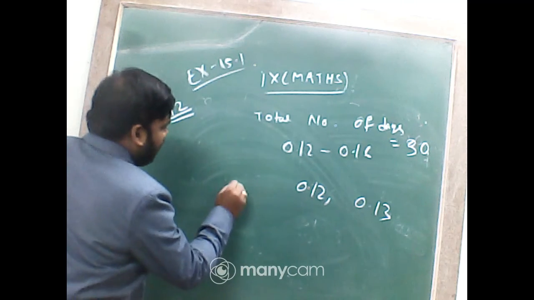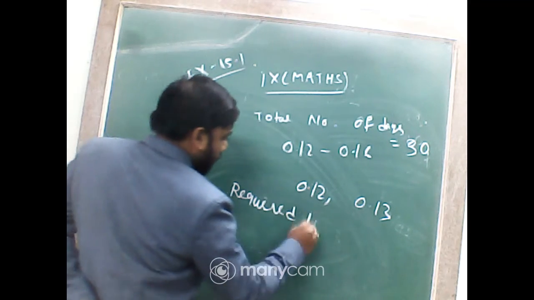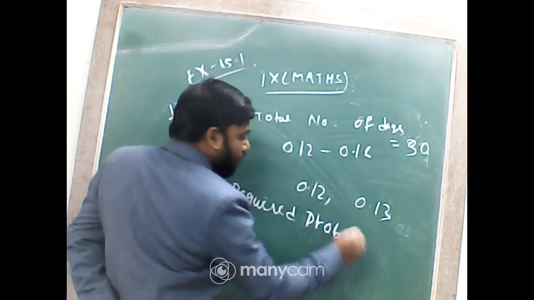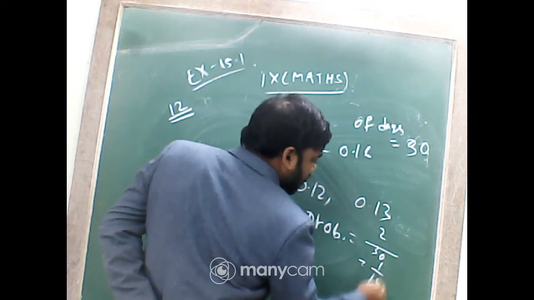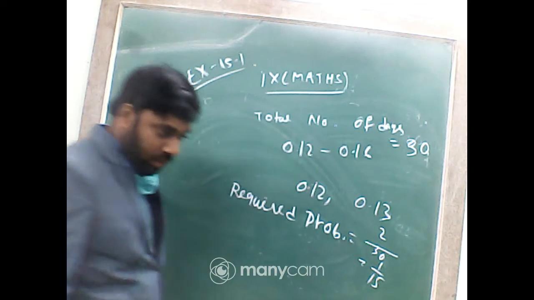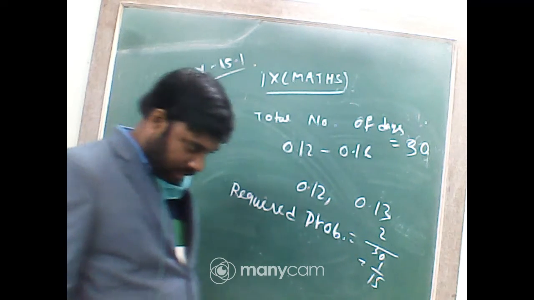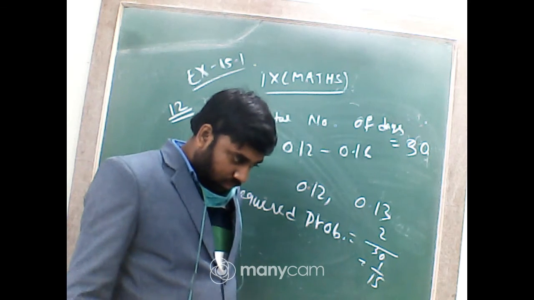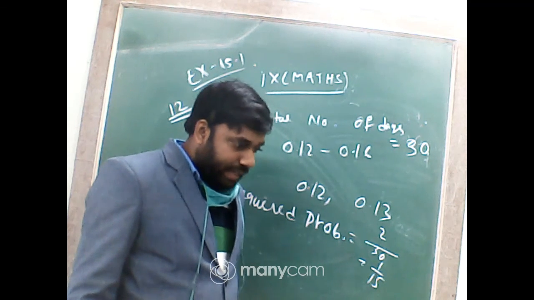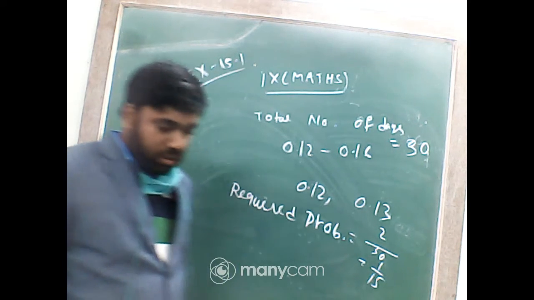So required probability is 2 by 30, equal to 1 by 15. Clear it is, everyone? Any doubt?